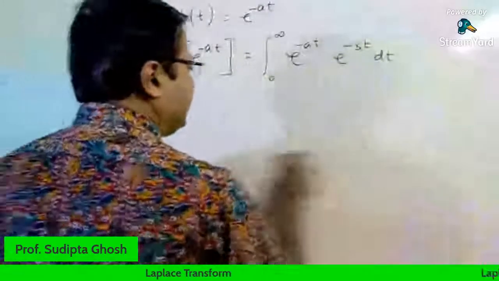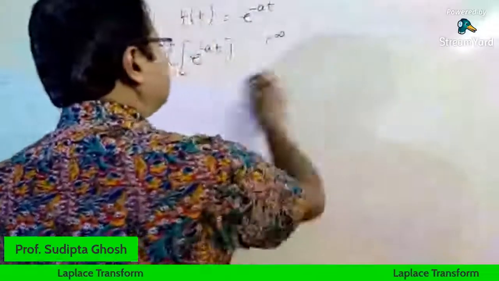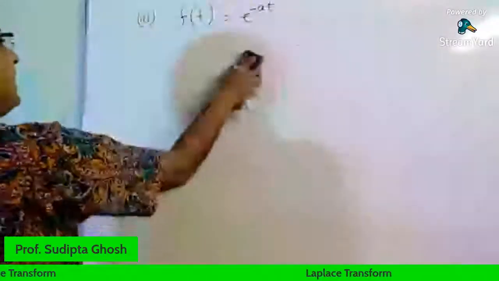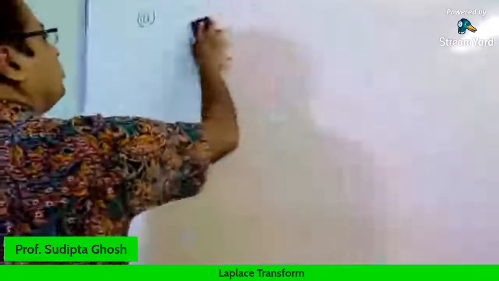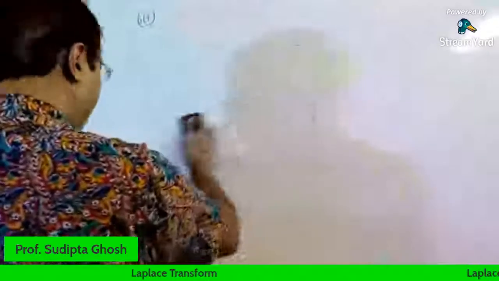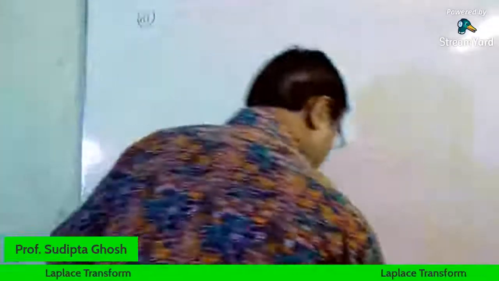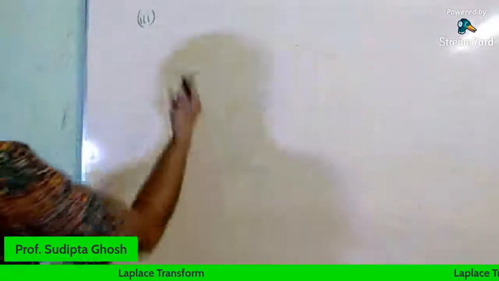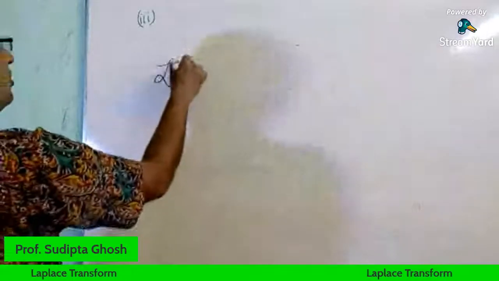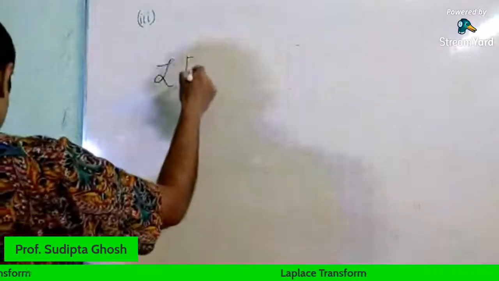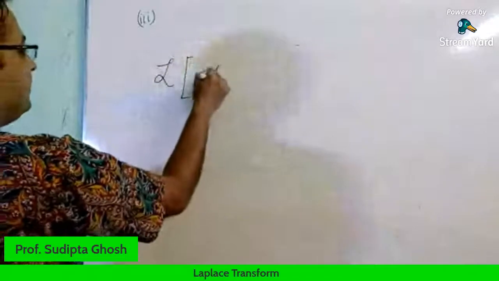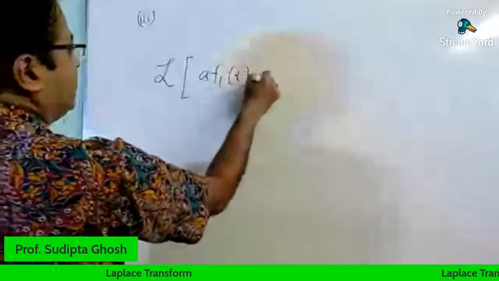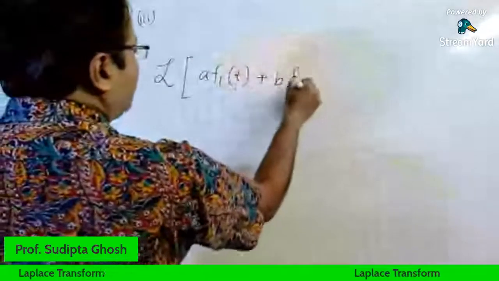If there are two functions f1t and f2t, where a and b are two constants, and I have to transform a f1t plus b f2t.